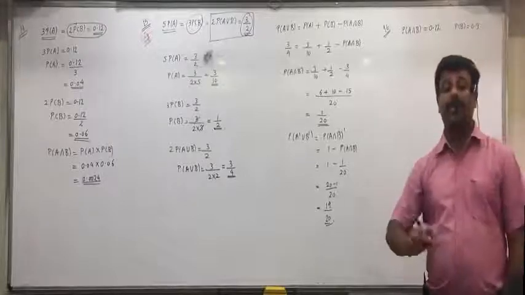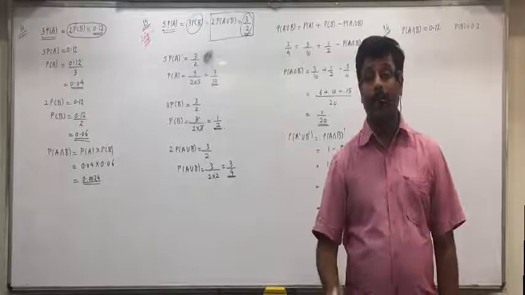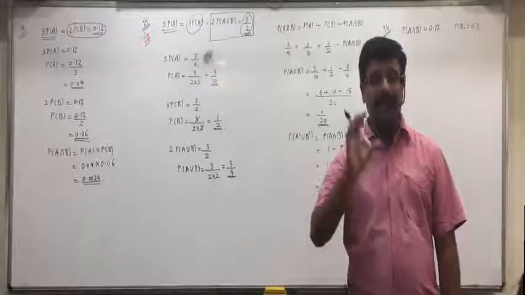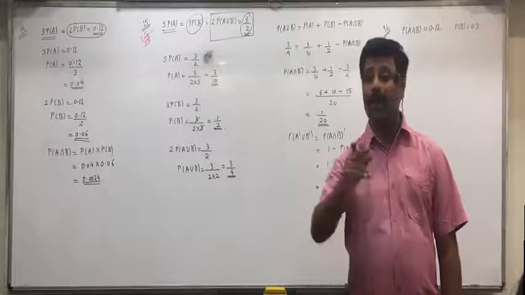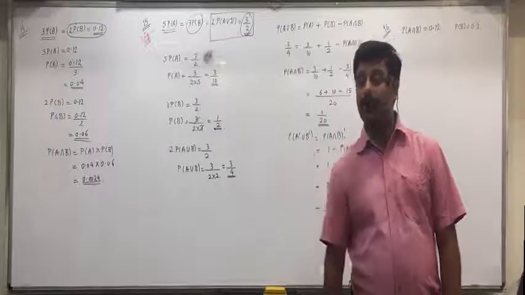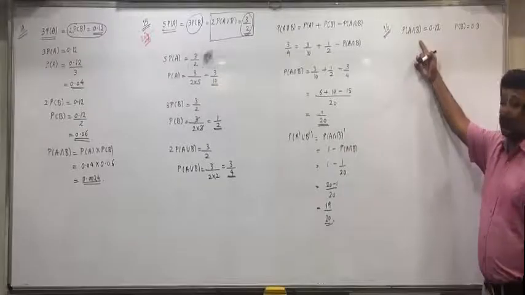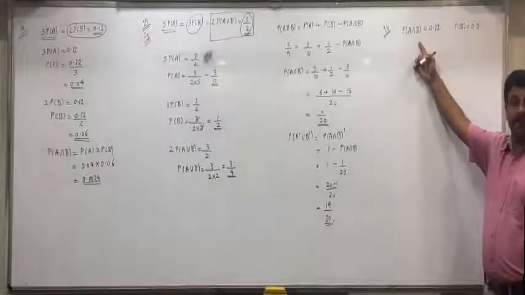What is the formula of P(A union B)? P(A) plus P(B) minus P(A intersection B). What is missing in this formula? P(A). How will you find P(A)? Independent events is given, so applying A intersection B, P(A) into P(B), we can find P(A).